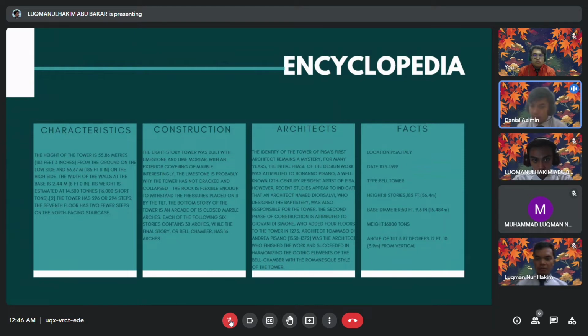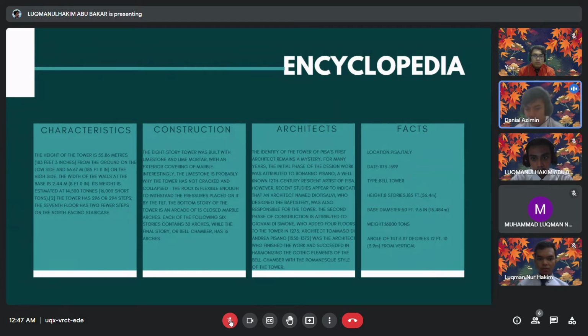The Tower of Pisa is located in Pisa, Italy. It was built from 1173 to 1399. It is a bell tower. The height is 8 stories, 185 feet or 56.4 meters. The base diameter is 50 feet, 9.6 inches or 50.484 meters.